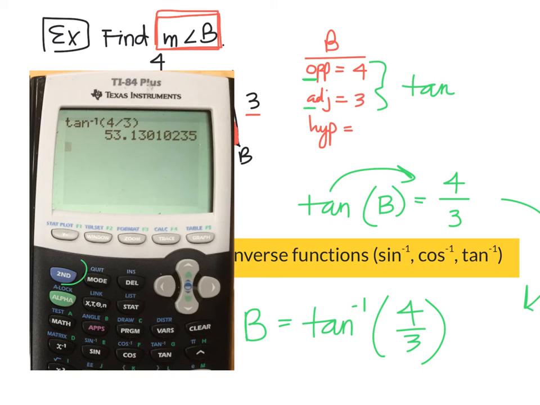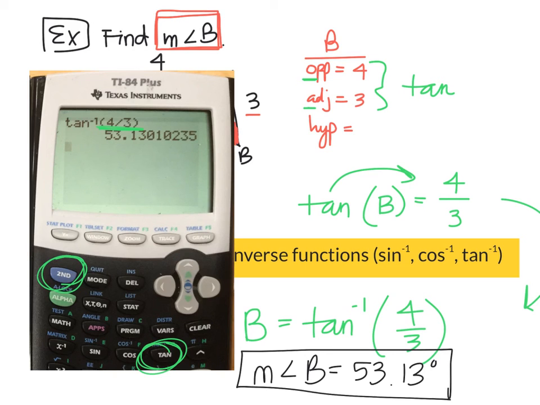I did second tangent, and then I typed in the fraction itself. And it's giving me this 53.13 number. Remember, they were asking me to find the measure of angle B. So what you just figured out was that the measure of angle B is 53.13 degrees. And that's going to be your final answer there. Make sure you have those notes to use those examples for your work today.